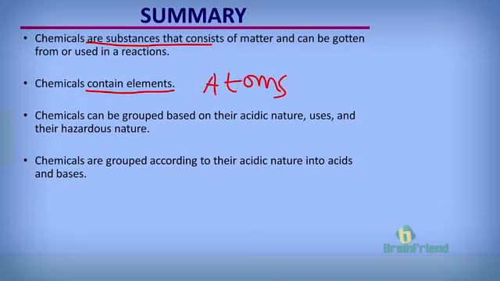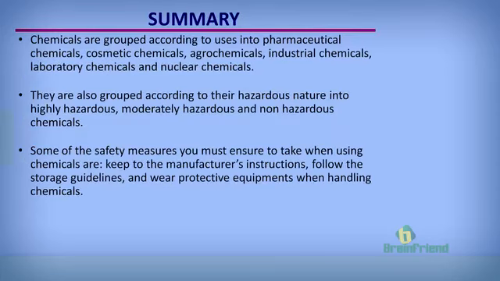Chemicals can be grouped based on their acidic nature, uses, and their hazardous nature. Chemicals are grouped according to their acidic nature into acids and bases. Chemicals are also grouped based on the various uses into 6 groups: pharmaceutical chemicals, cosmetic chemicals, agro chemicals, industrial chemicals, laboratory chemicals, and nuclear chemicals.